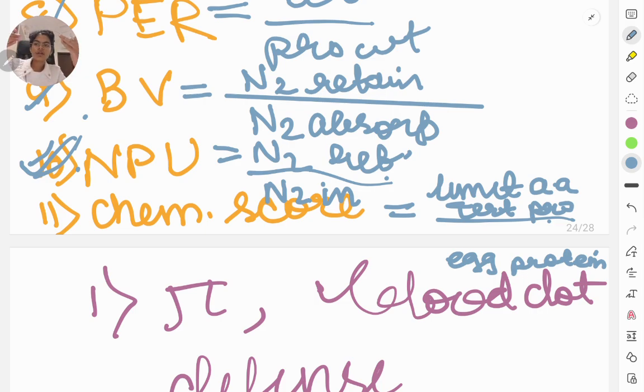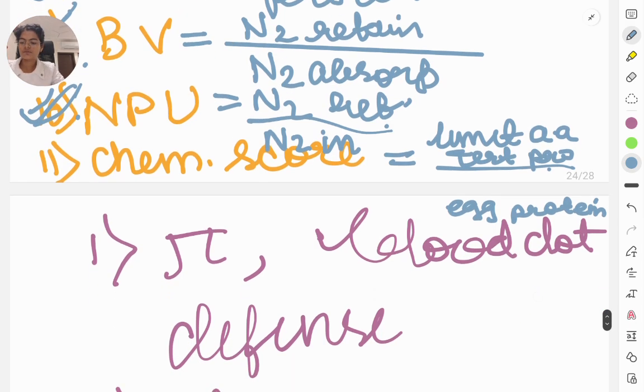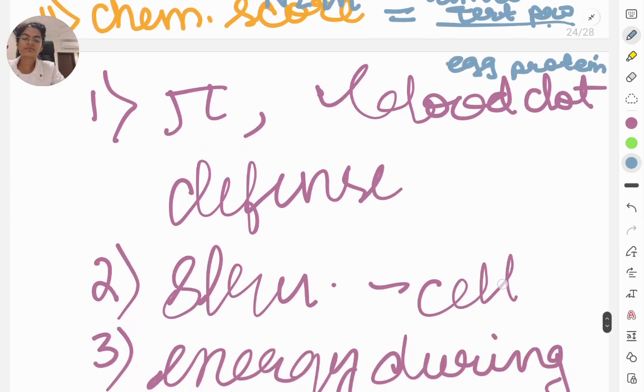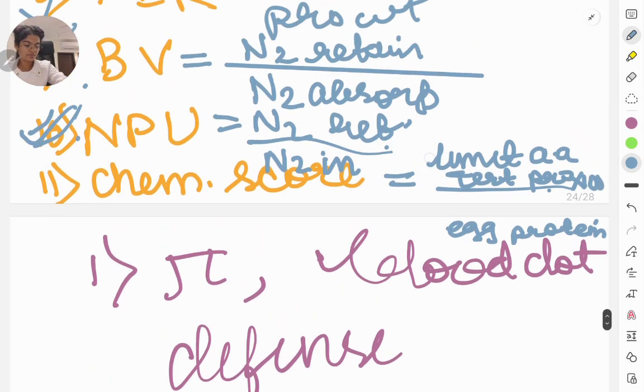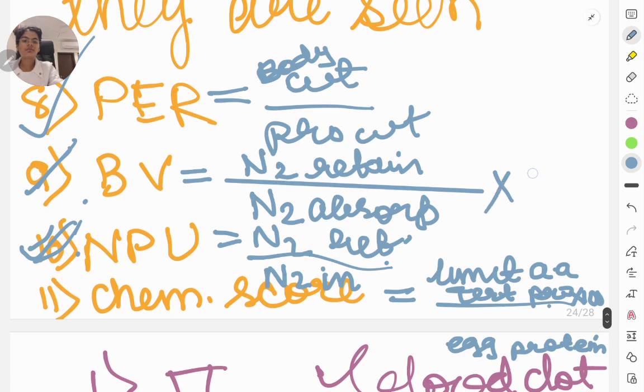So the test protein upon the egg protein, right? Multiplied by 100. And also here they both multiply by 100. Okay.